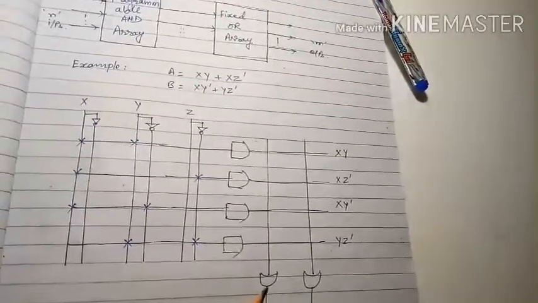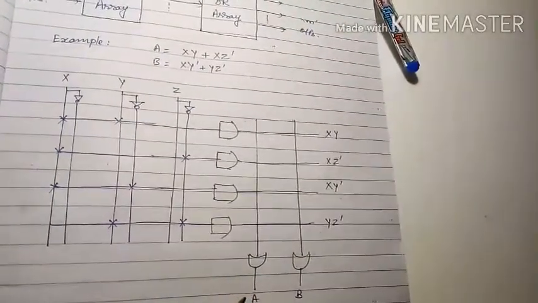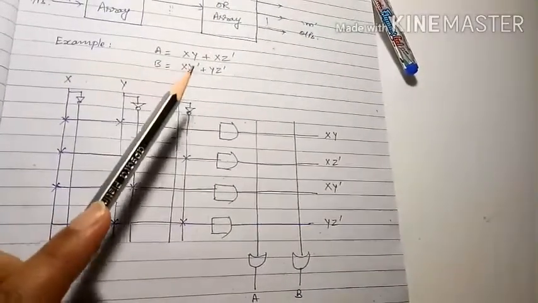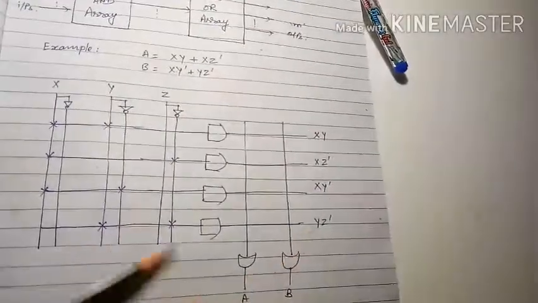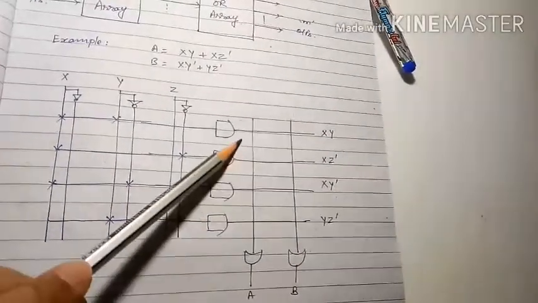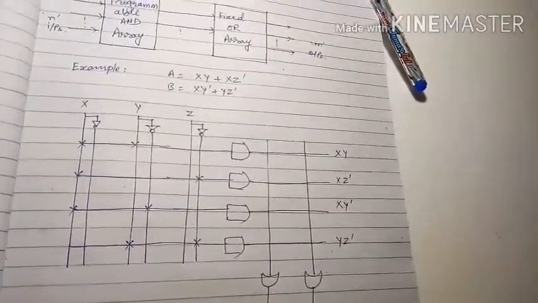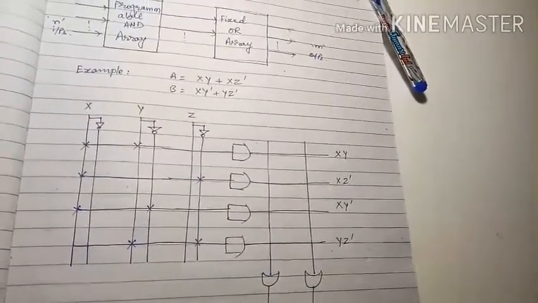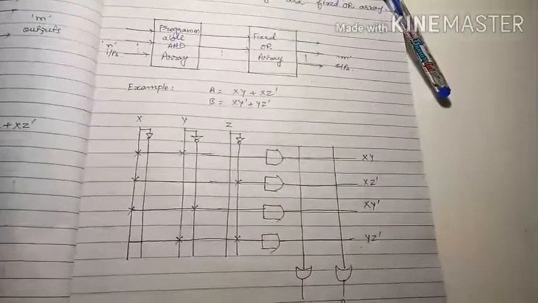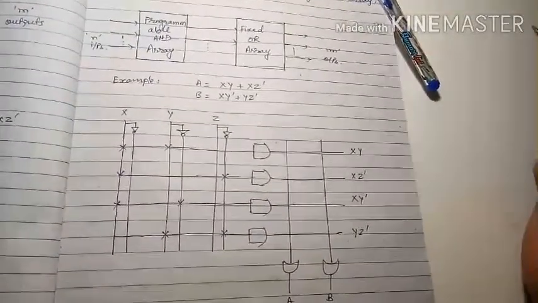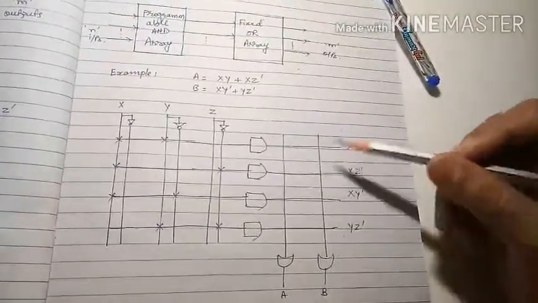See, for the output A, we have xy plus xz dash. So for the A output, we can see here what should be the A output. So xy is this.